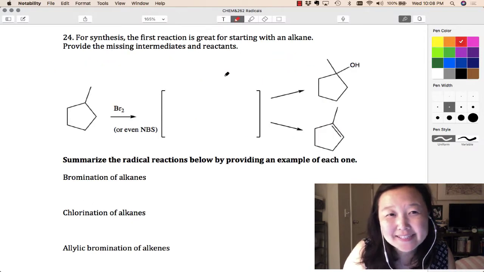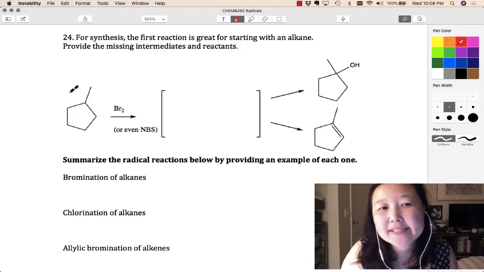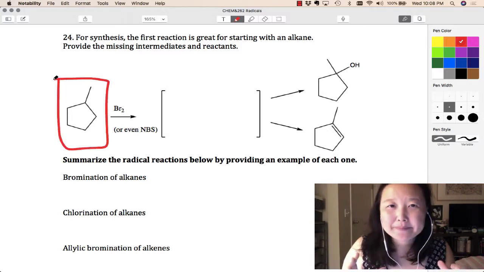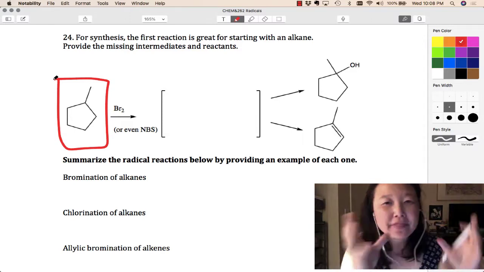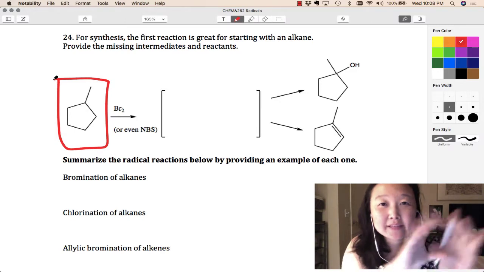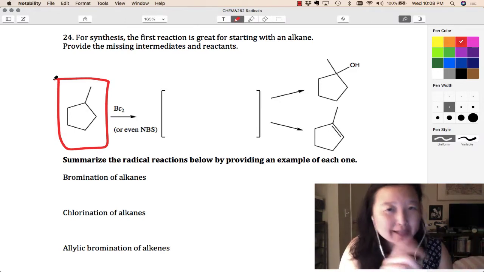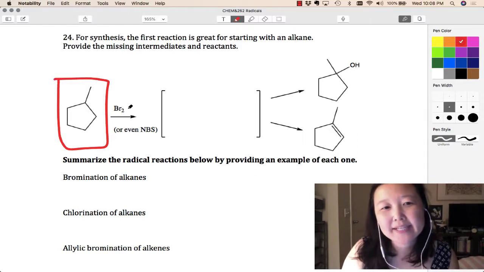Now for synthesis, the first reaction is great for starting with an alkane. So when you have an alkane, think back to your reaction map. You have alkanes in the corner, and there's nothing that an alkane can go to because it's so unreactive, except for one reaction, the halogenation reaction, which we have learned. So this reaction is the only thing you can do.